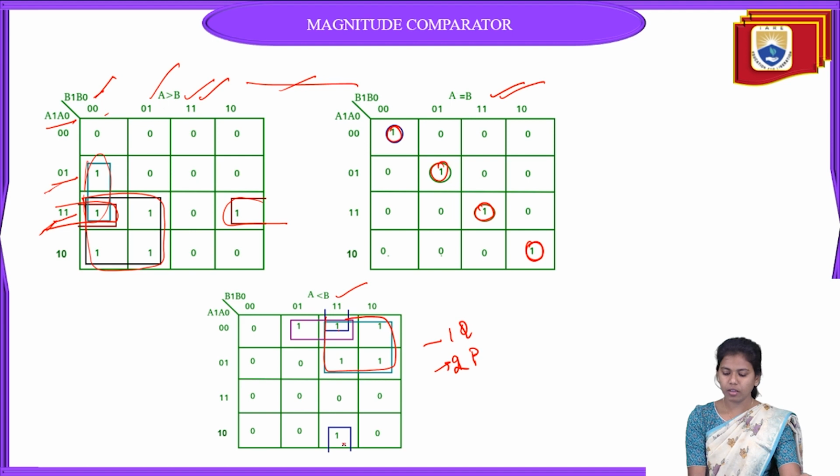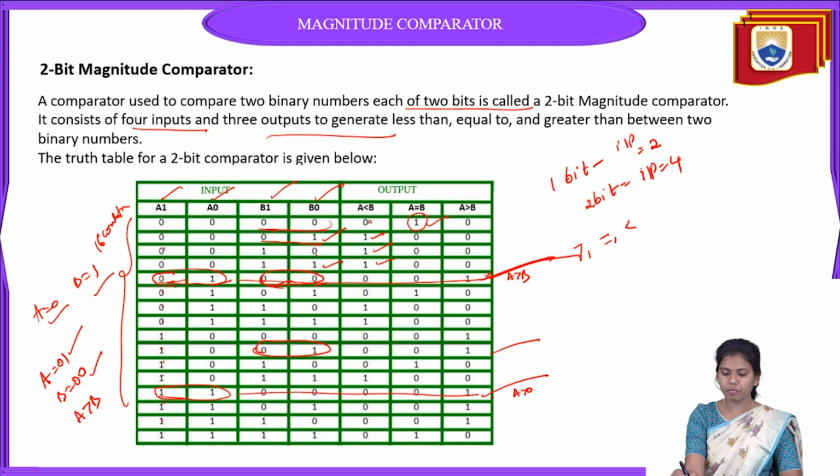Here 1 1 and here 1 1, and here one quad. A less than B is again observed from these conditions, considering A1 and A0 and B1 and B0.